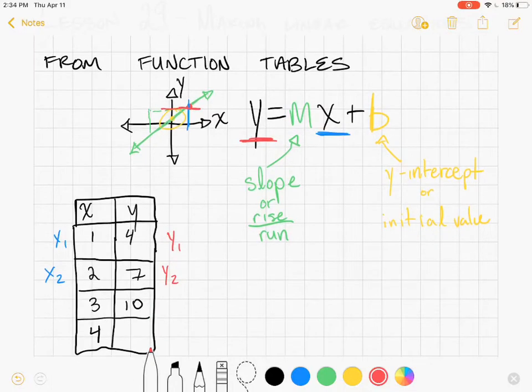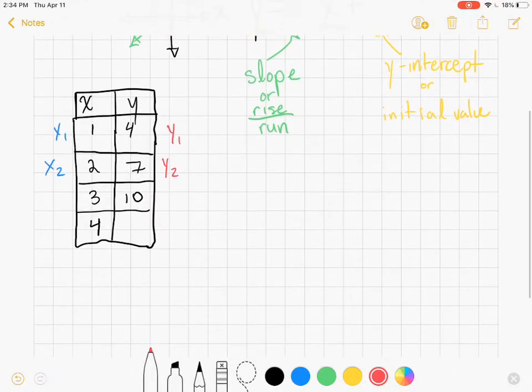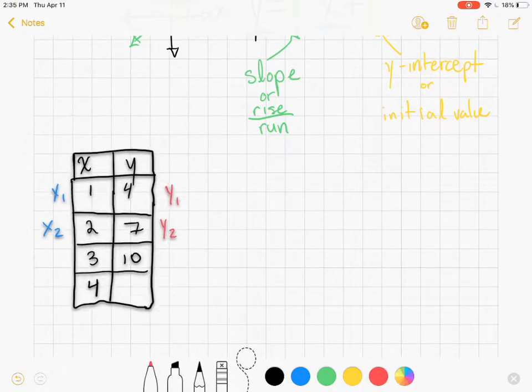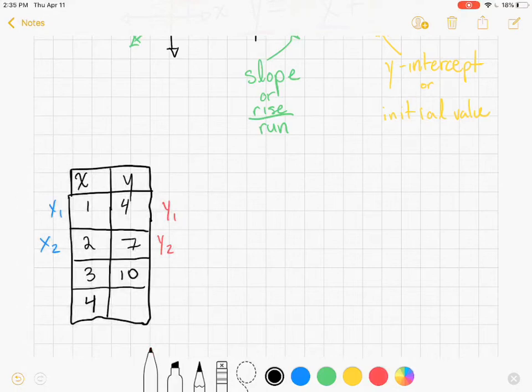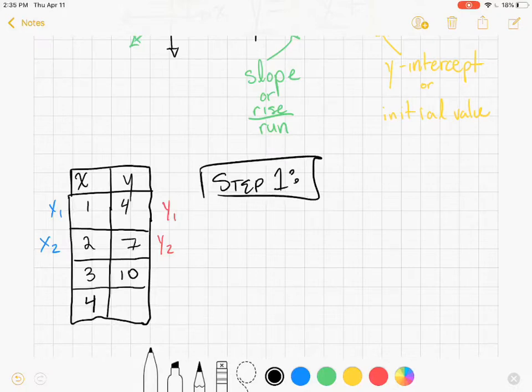So let's start out figuring out how to write a linear equation from this table, because there's a linear equation that works for this table. So your first step, step number 1, is to find m, find the slope.